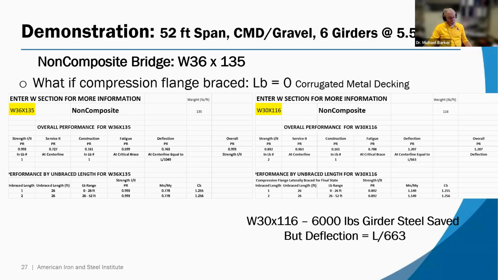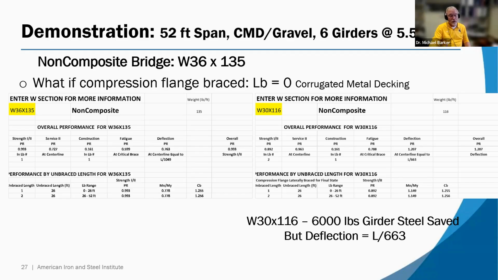Or what if my contractor does attach with puddle welds or whatever that corrugated metal deck to the top flange of my steel beam so that that top flange is braced, or my L sub B is 0. I get down to a W30 by 116.